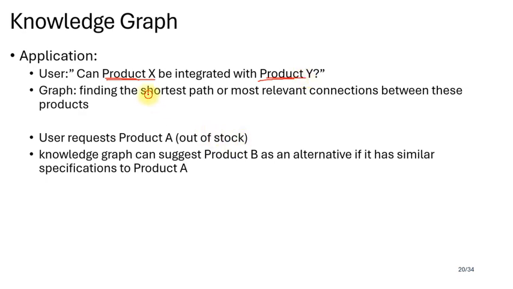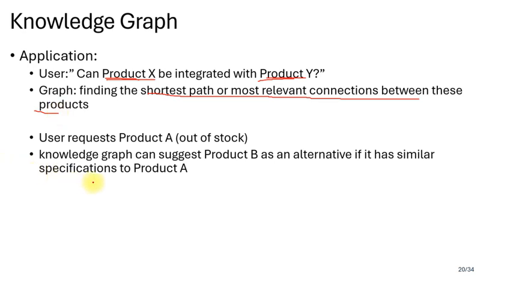Then we find the shortest path or most relevant connection between these products. To go from one product to another, we must pass through the edges, and the edge sometimes carries information about the relationship between two nodes. So by finding the shortest path and connecting with the edges, we can find how product X can be integrated with product Y.